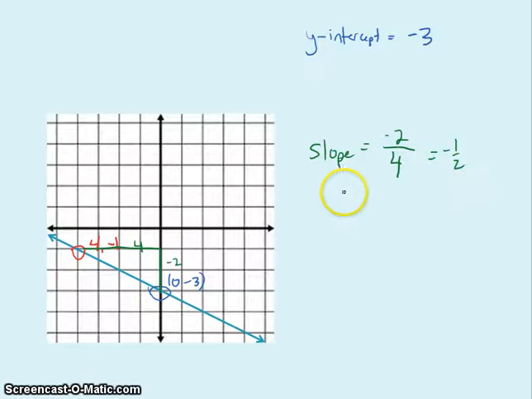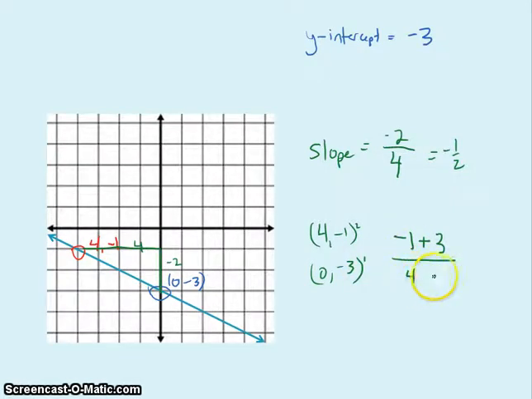And again, if you wanted to calculate it using the points 4, -1 and 0, -3, call this 2, call this 1. So y2 is -1 minus a -3, or minus a negative is the same as plus, and then 4 minus 0. So -1 plus 3 is 2. 4 minus 0 is 4.